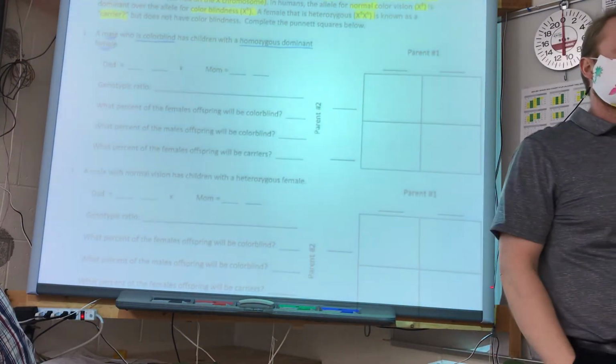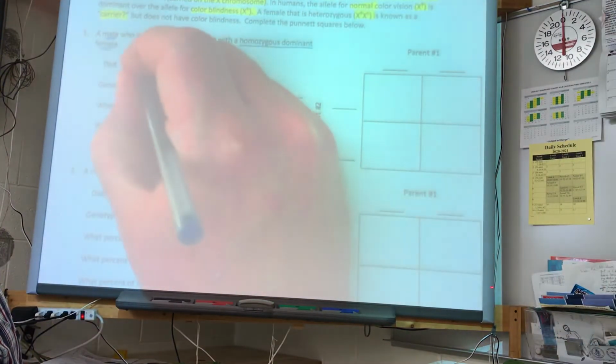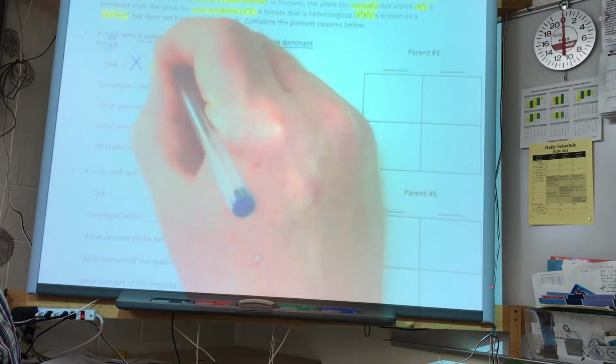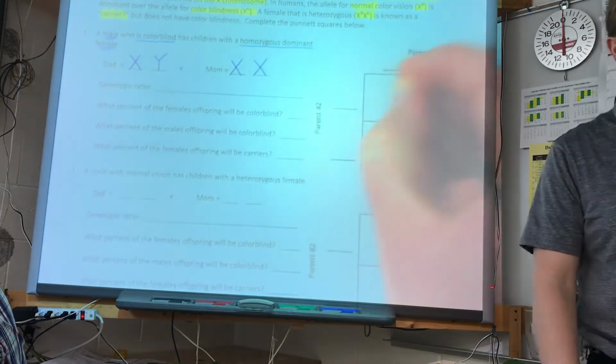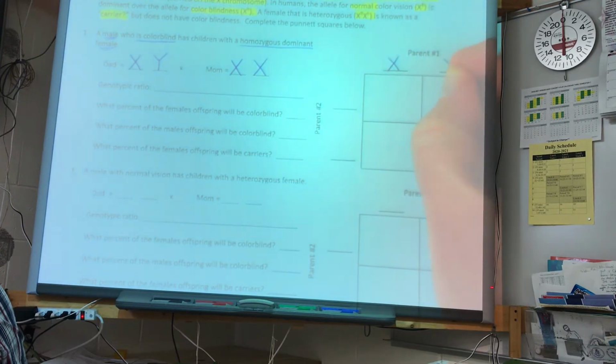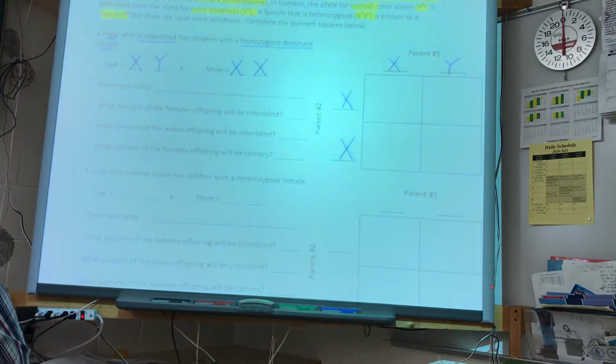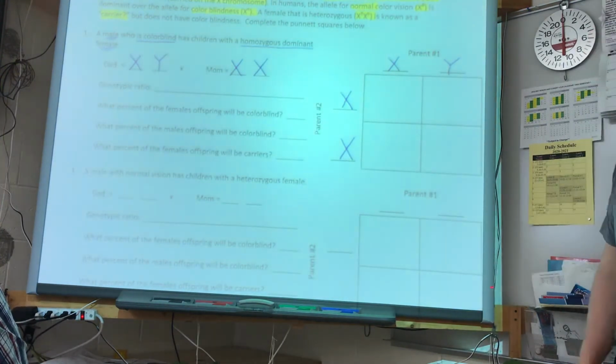XX is female, XY is male. That's the starting point. If we really wanted to, we could build our Punnett square with sex chromosomes only. I'm not saying that's the best choice, but we could, and say 50% are going to be male and 50% are going to be female. Let's not do that yet, because we have to go back and add some stuff.